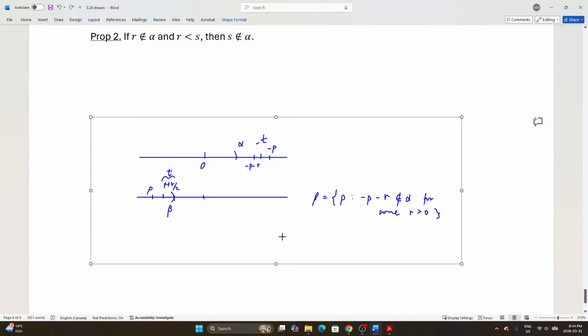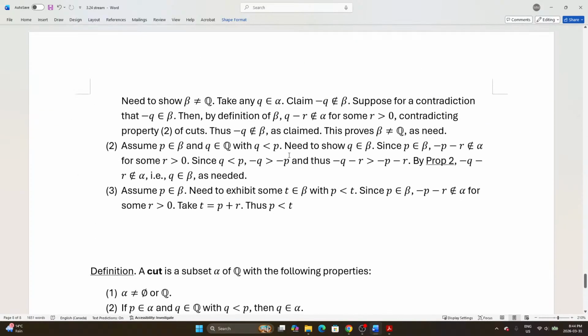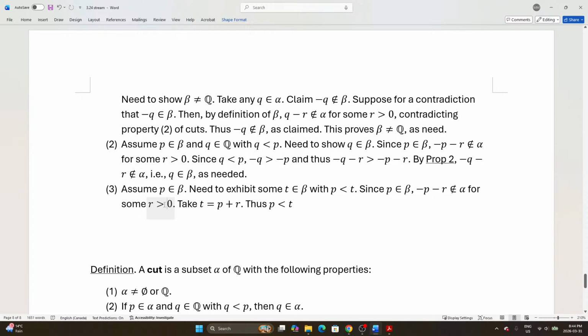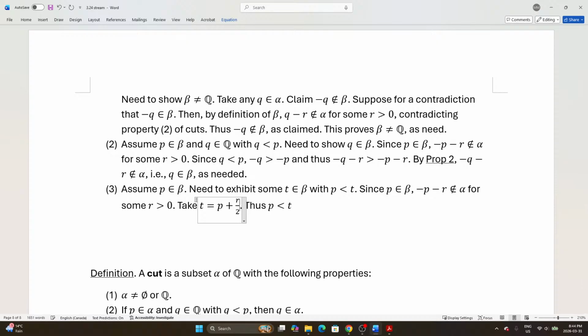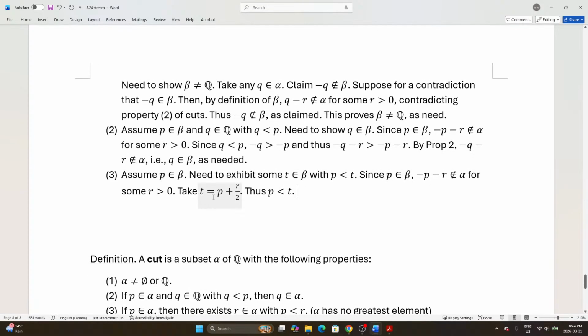So let's rewrite. Here the existence of r being positive is known. Since p is in beta, we have minus p minus r not in alpha, for some r greater than 0. Let's take t to be p plus half r. Then p is still less than t. Remains to show that t is in beta. So what's up with minus t?